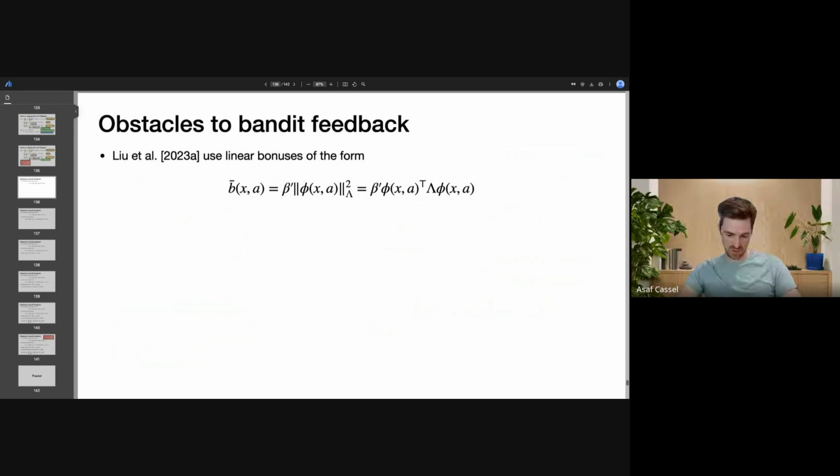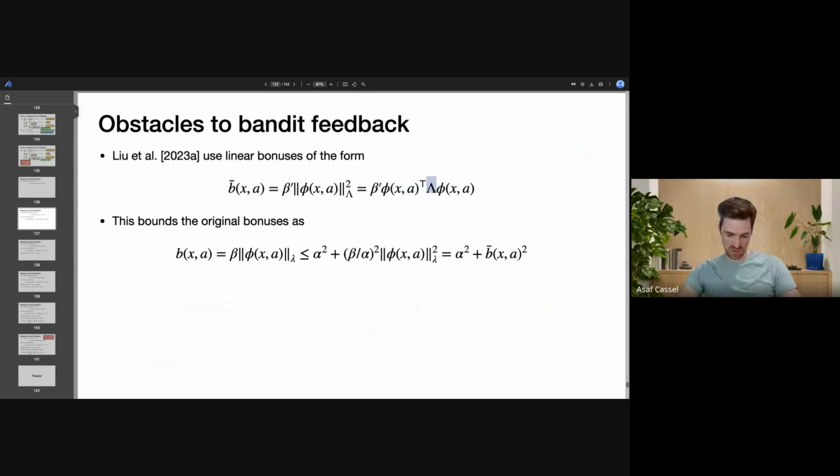So one part of their algorithm, it's debatable if it's necessary or not, is that instead of the usual bonuses, they use these linear bonuses, or the square of the usual bonuses, and what it gives you is that the bonuses are linear in the parameter, or linear in lambda. And then you can sum them, and the covering number remains nice.